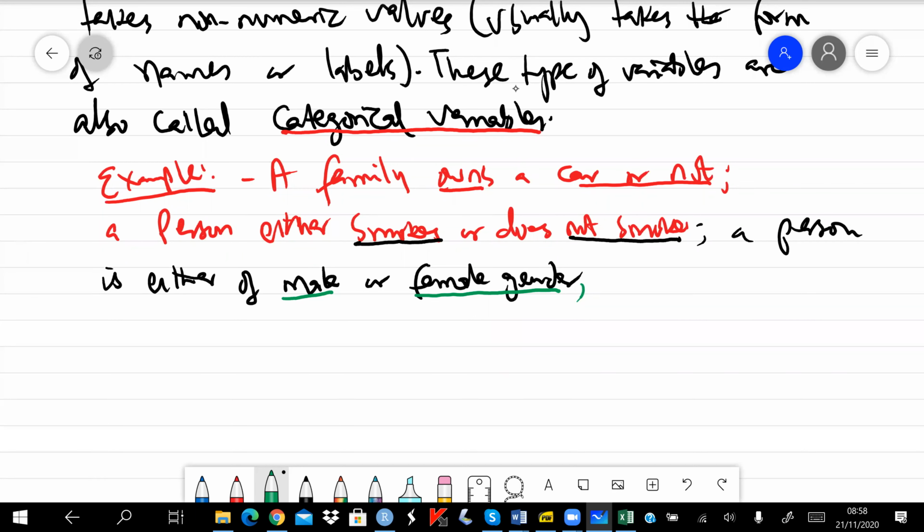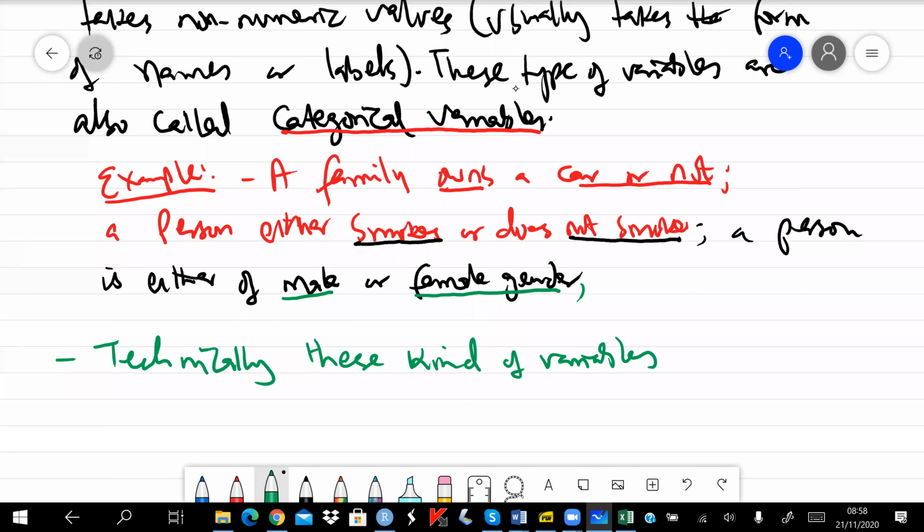And you notice that technically, these kind of variables are coded by binary values. Binary means two, signifies two.